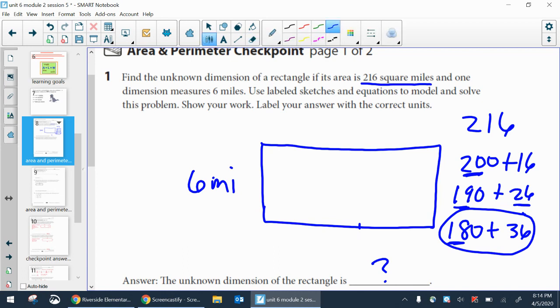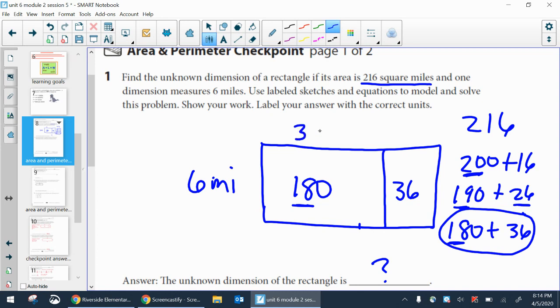So from here, what I'm going to need to do is divide my larger area of 216 into 180 square miles and 36 square miles. From here, I've already worked this out. 18 divided by 6, or what number times 6 is 18, is 3.